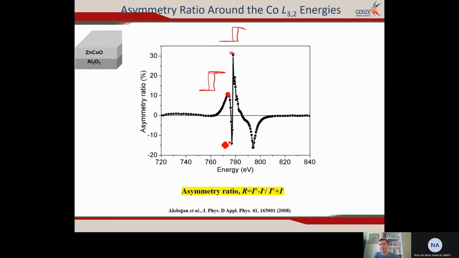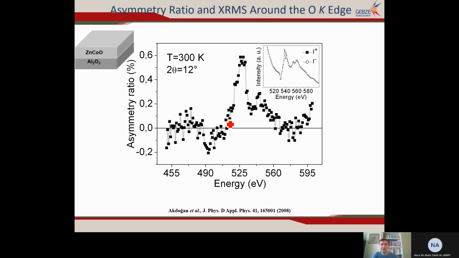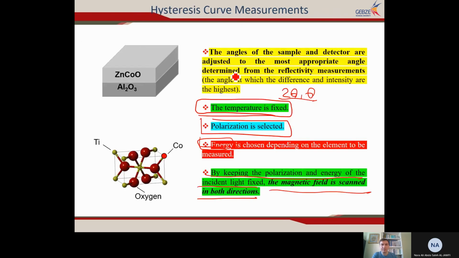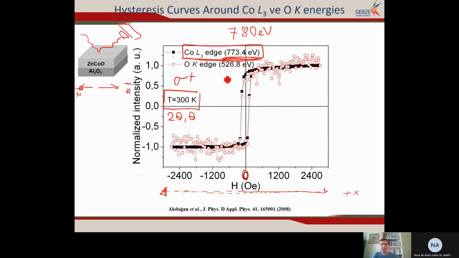Here you can get the hysteresis curve at this energy, okay? So actually I have taken many hysteresis curves around this absorption energy of L3 of cobalt, but here I only present the hysteresis curve taken at this energy, okay?